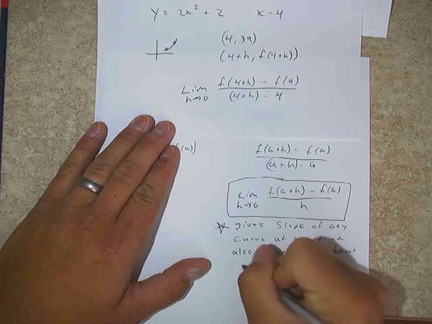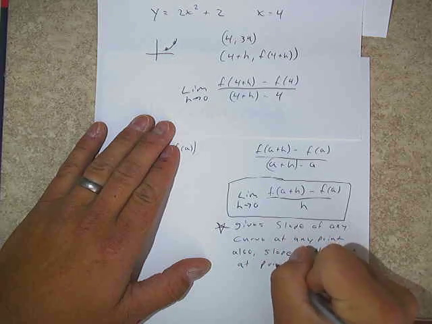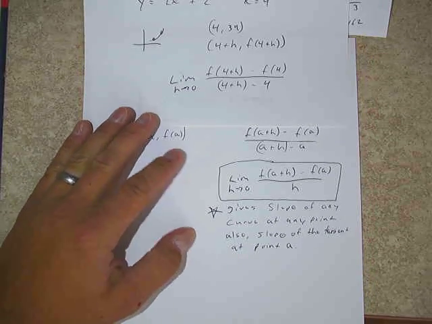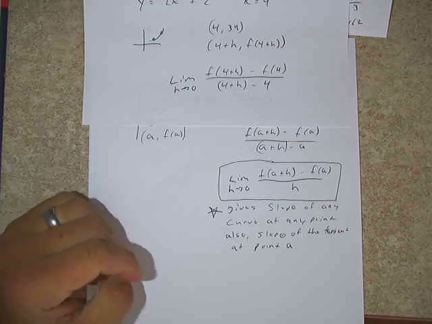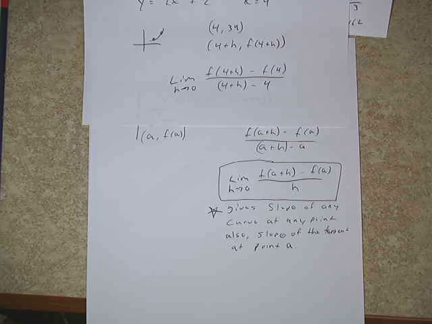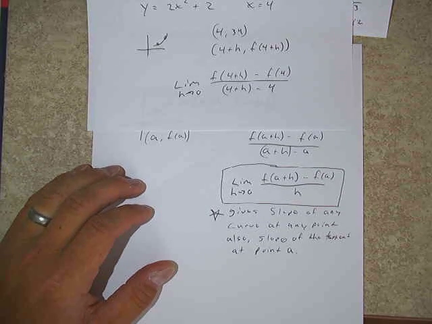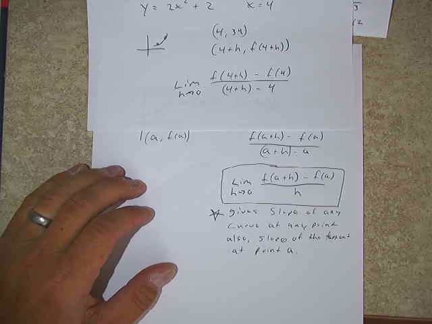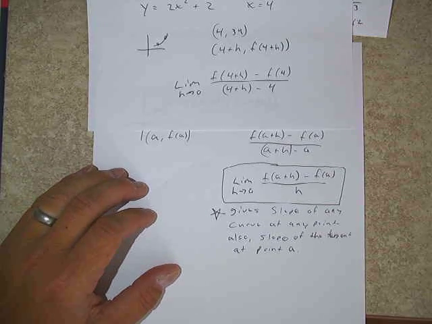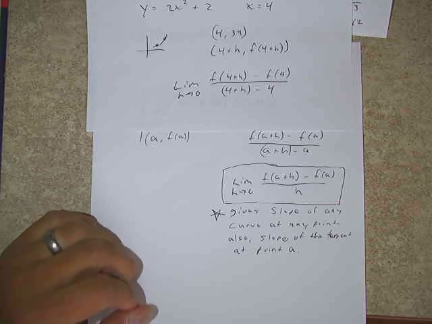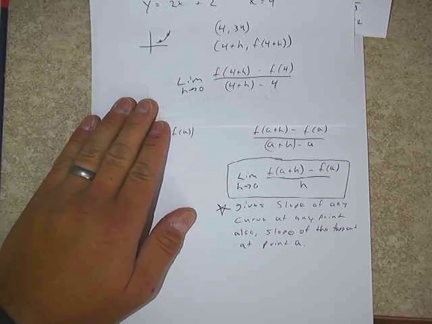We know that the slope of the tangent line, or the slope of the curve at the point, which are one and the same, I'll put that on here so we have it in writing: it gives the slope of any curve at any point, also the slope of the tangent line at point a. Those two things are one and the same.